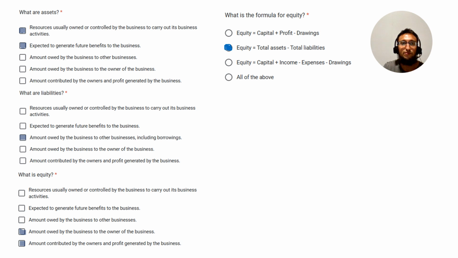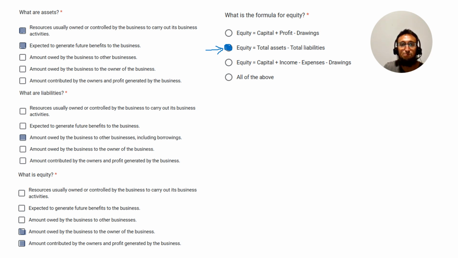Okay, however, there's another formula that we can use, which is to look at the expanded accounting equation. So, for the first item that I was mentioning, where you have equity equals total assets minus total liabilities, this is also part of the basic accounting equation.